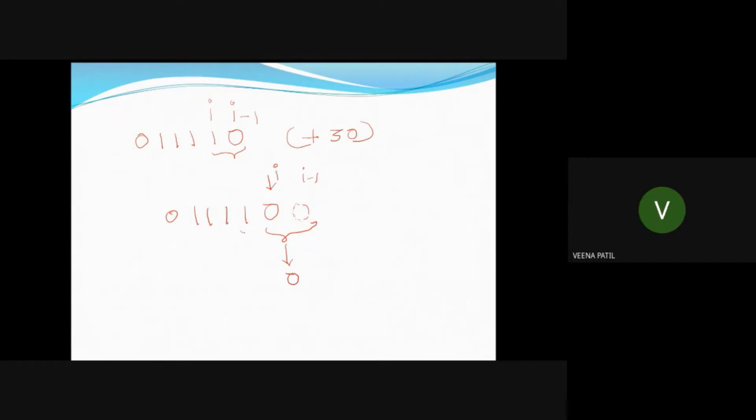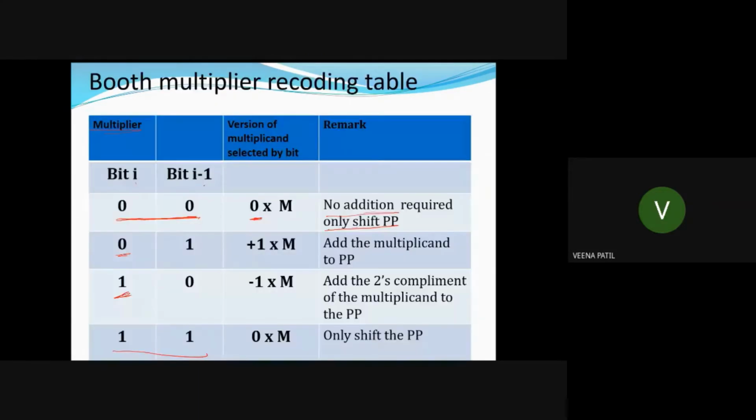Then I will consider the next bit. So this bit becomes my ith bit and this bit becomes my I minus 1th bit. So bit I is 1, previous bit is 0. Now if I consider these two bits, whenever you are performing this procedure in the exam, you have to first write the Booth's multiplier recoding table.